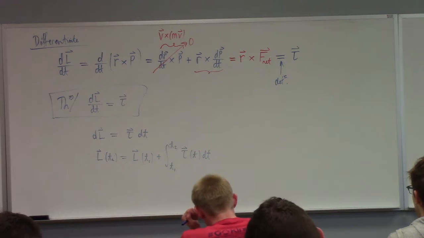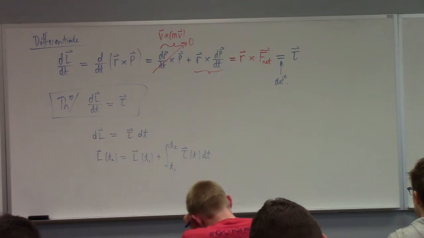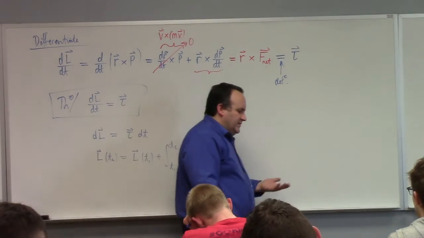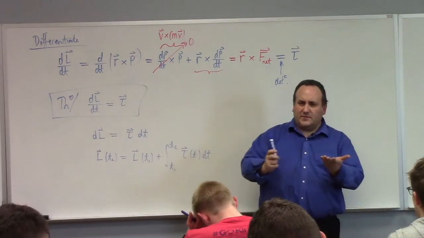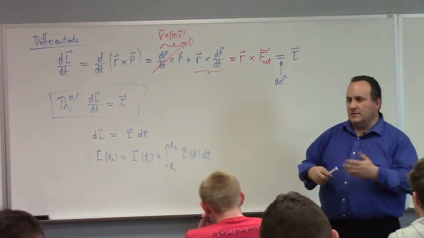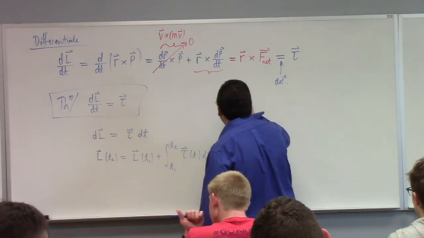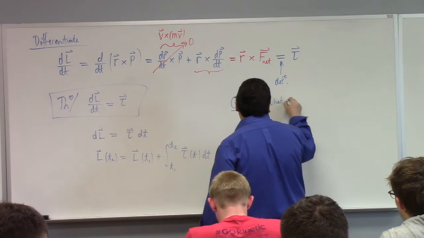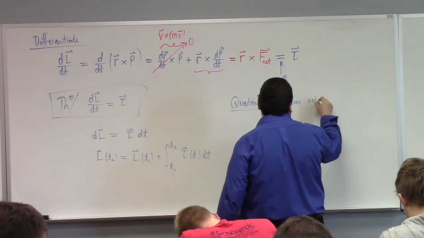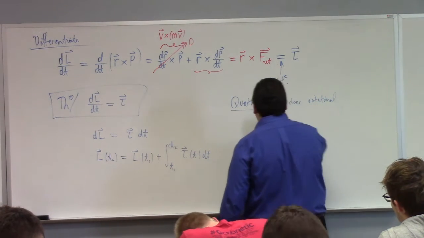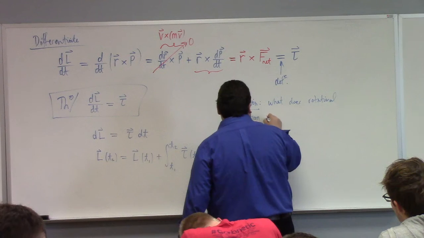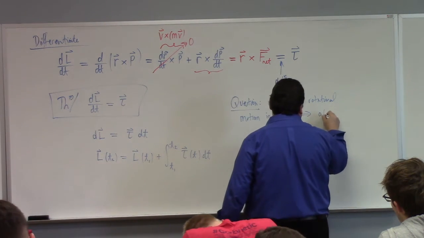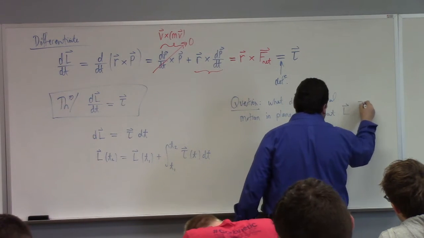So if I have motion that's circular, how do you characterize circular motion in this language we're talking about today? What does it mean for motion to be a rotational motion in a plane? What has to be the case? Let me ask that question. What does rotational motion in a plane imply about the angular momentum?